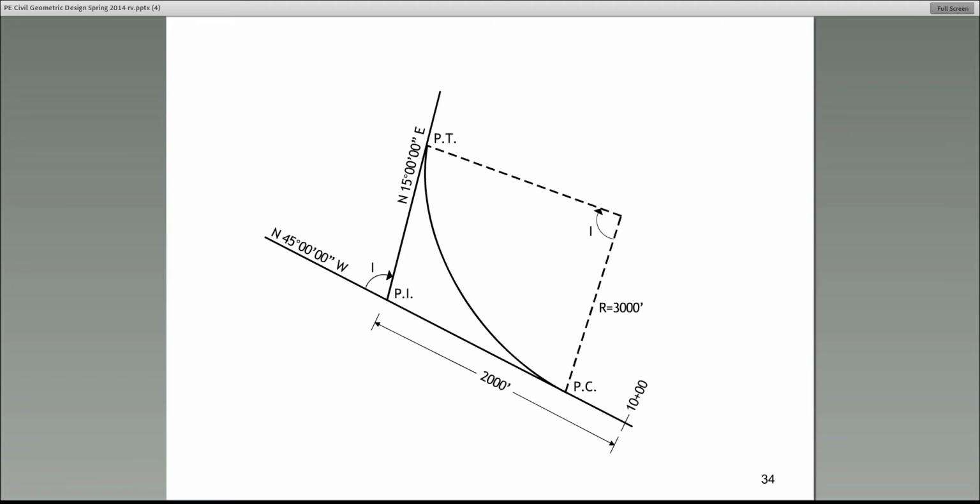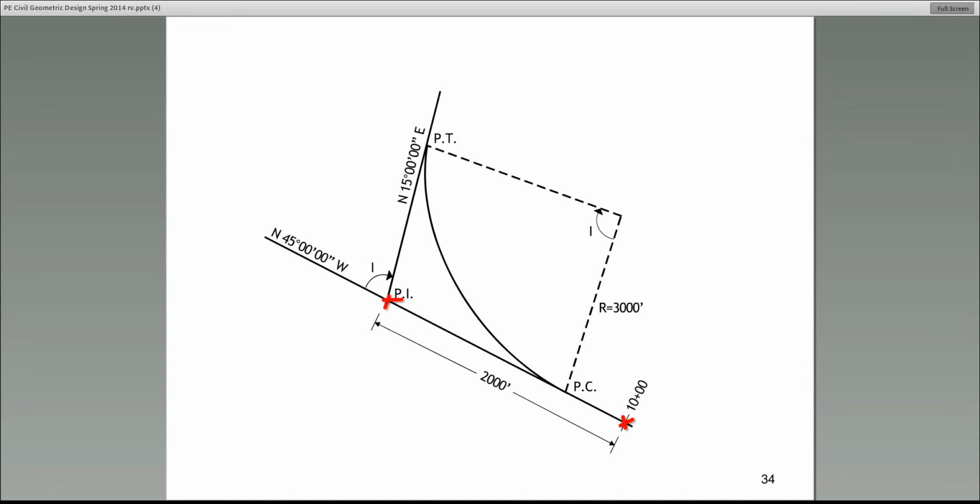All right? Now, here's the PI. They don't give you the station of the PI. However, they give you enough information that you can calculate the station of the PI. And of course, they give you the bearings of both the back tangent and the forward tangent.